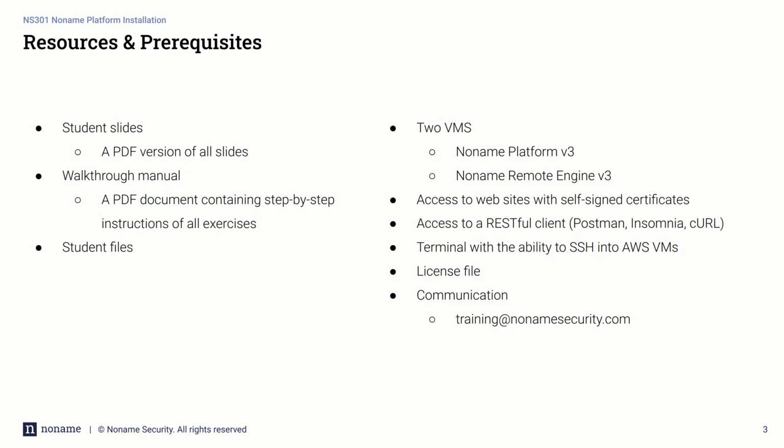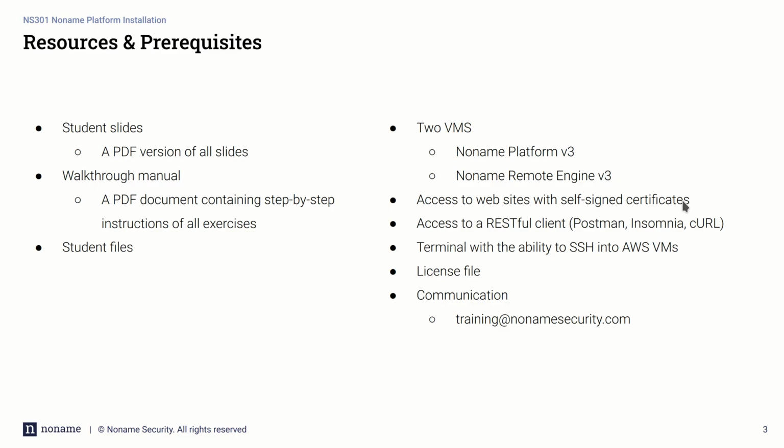Okay. Speaking of which, if you want to do the exercises, you need two VMs. You need a VM where we're going to install the no-name platform, and you need another VM where we will install the remote engine. Okay? And I'll explain what these two are for. You need access to websites with self-signed certificates.